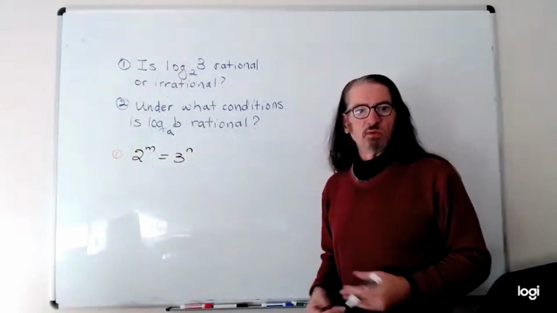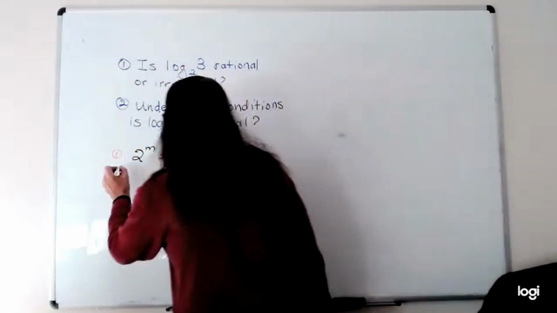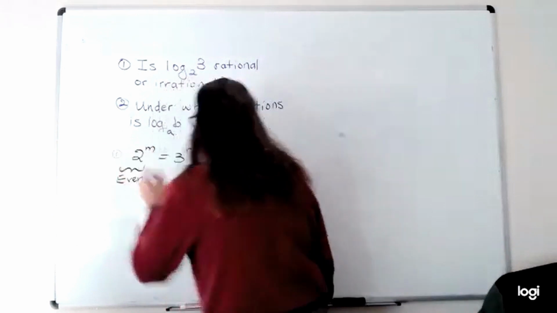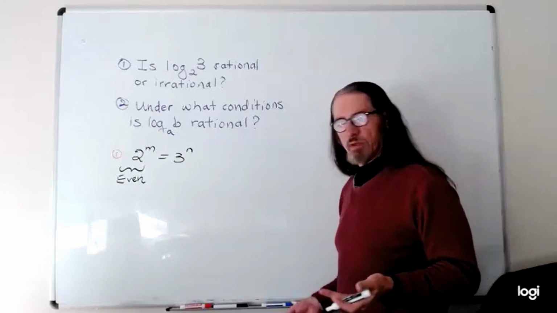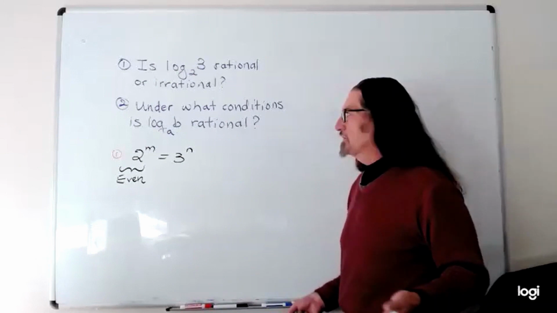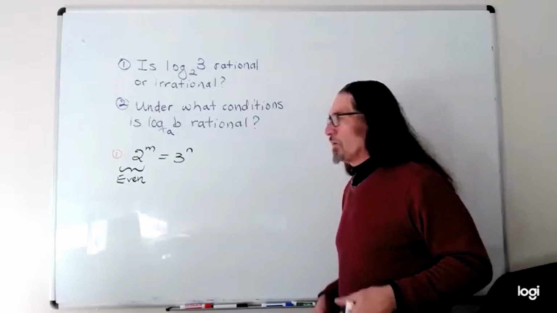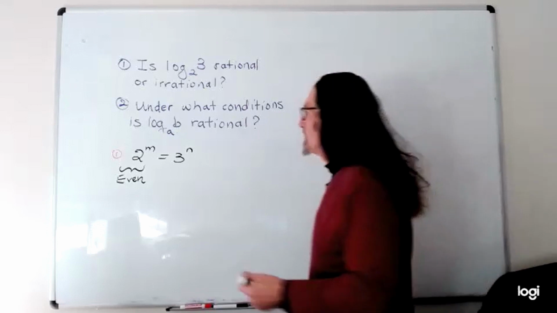My solution to this was to say that the left-hand side will be even. Whatever m is, it is an integer, in fact, a positive integer. And so however many powers of 2 we have, we're going to have something that is even.